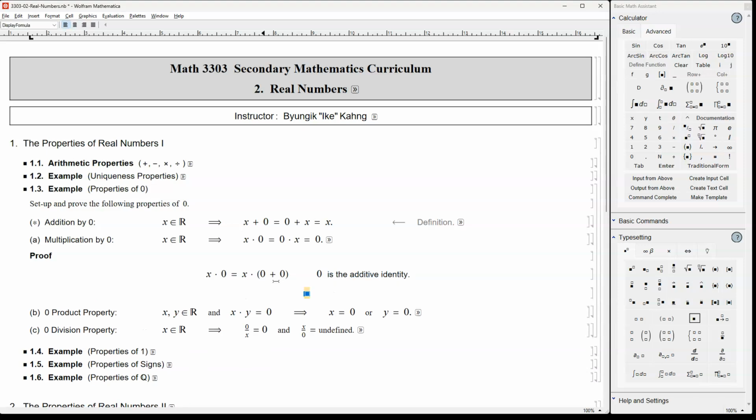Okay, and then what we do next? And then that's because of the distributive law or the distributive property, whatever you may want to call it.